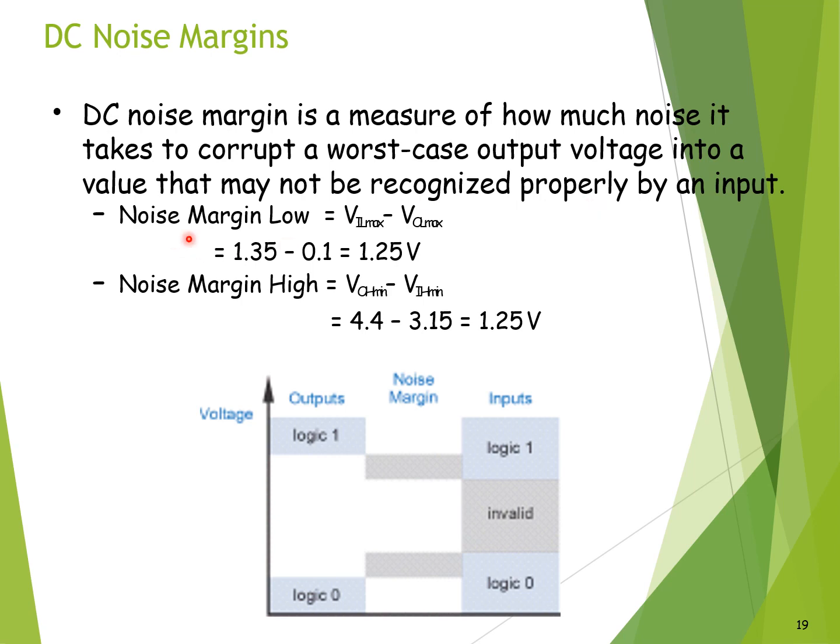So the low noise margin is VIL max minus VOL max, which is equal to 1.25 volts, and the high noise margin is 1.25 volts. Hope you can understand from this diagram. So this is logic 0 and logic 1. Noise up to this margin is allowed. If it goes lesser than this or higher than this, it becomes invalid data.